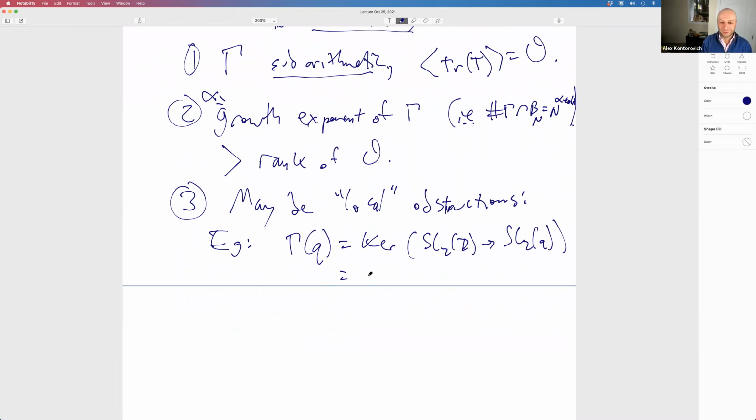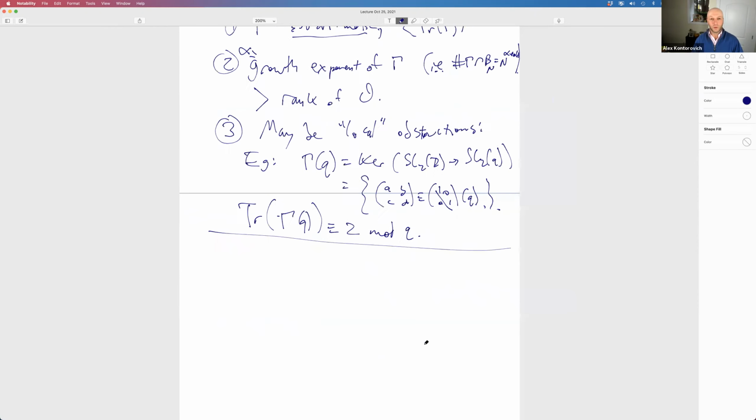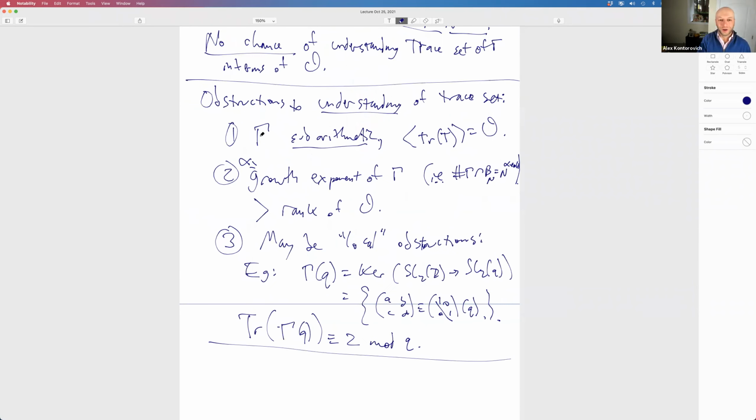These are matrices A, B, C, D that are congruent to (1, 0, 0, 1) mod Q. And the traces, all of these traces must be 2 mod Q. So the traces of gamma_Q are all congruent to 2 mod Q. Okay, so yes, the trace set generates the full ring Z, but you won't see all traces. There's a local obstruction. So there may be local obstructions that we have to be aware of for trying to formulate what it would mean to understand a trace set like this.